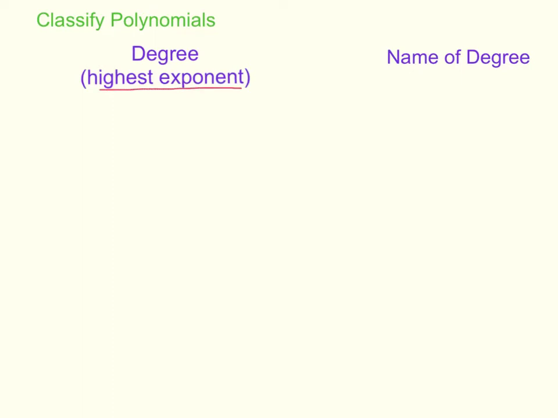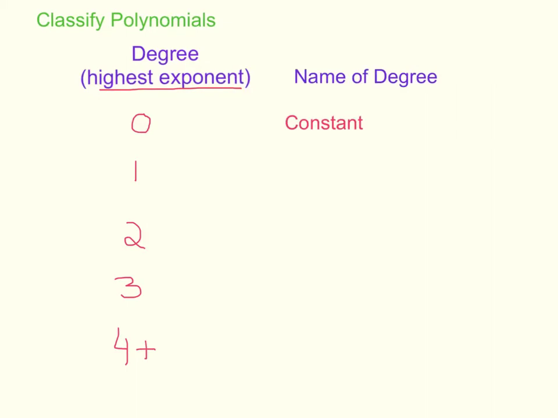So we're going to look at when it has a degree of 0, 1, 2, 3, and then 4 or more. If the highest exponent in the polynomial is 0, it is called a constant, and that would look like, let's say you just have 5x to the power of 0. Well, that really just equals 5, which is a number without a variable. So if the highest exponent is 0, it is simply called a constant.